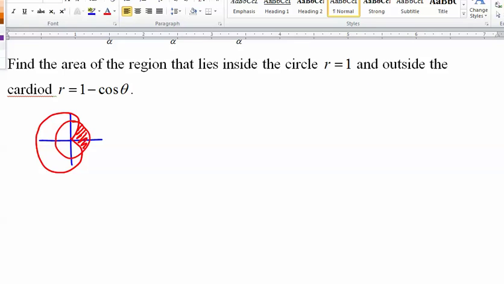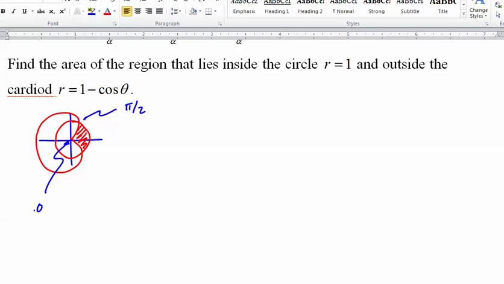First things first, we've got to find our points like I showed you last time. Turns out for the cardioid, this is pi over 2, and that's 0. So here's my plan.